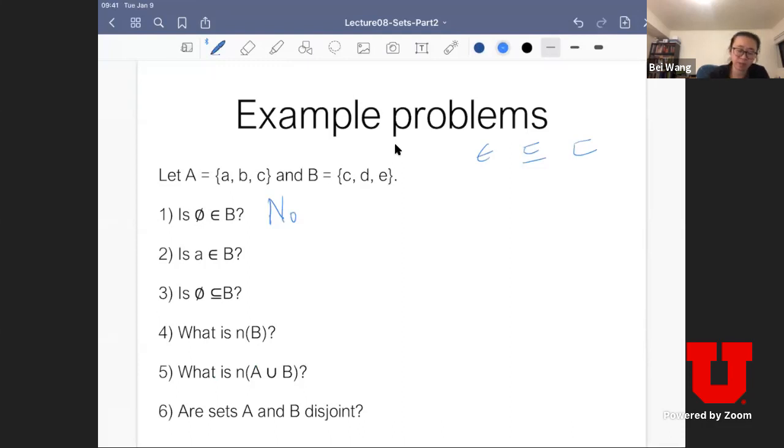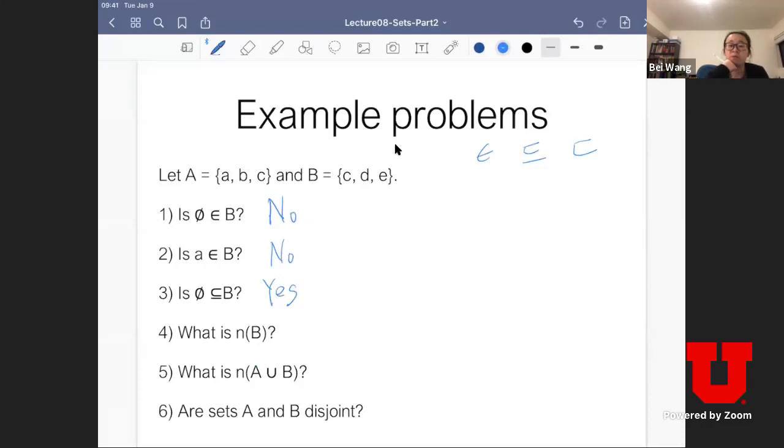Again, the answer is no, because B contains only three letters, C, D, and E, none of them equal to A. The third question is, is the empty set a subset? Remember we learned from part 1 of the lecture that the empty set is a subset of any set. So this answer is yes.